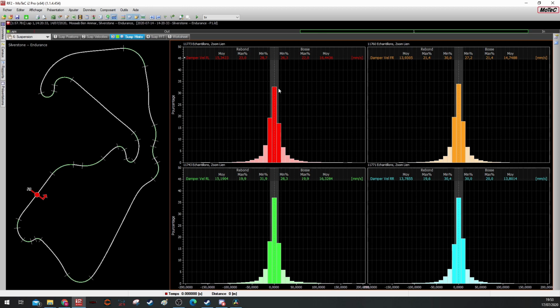Okay, in the comparison between the four corners, the closer the shapes, the better, I think. Sometimes it doesn't work like that. Sometimes you need to have a very soft rear suspension, like in Le Mans, for example. For the GT cars, you go with harder suspension in the front, softer suspension in the rear.